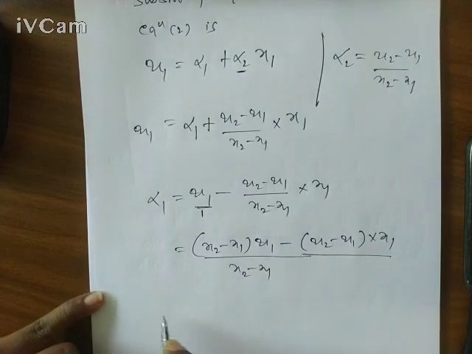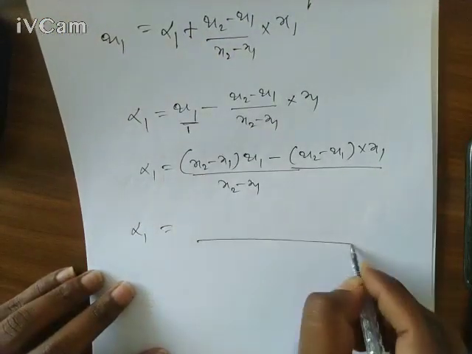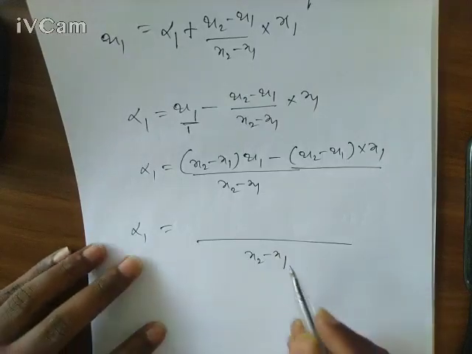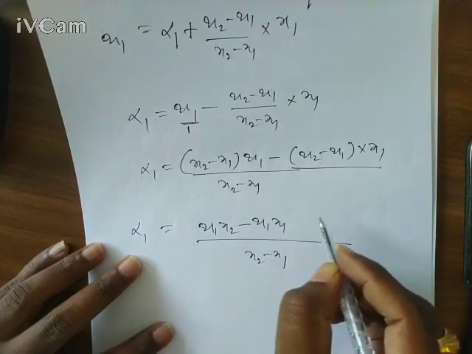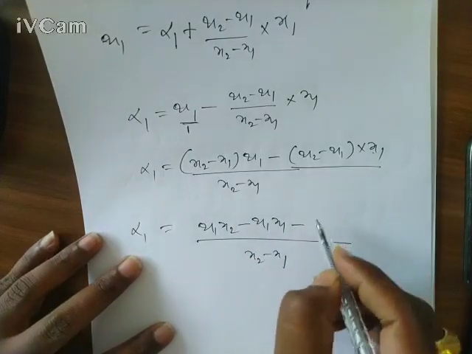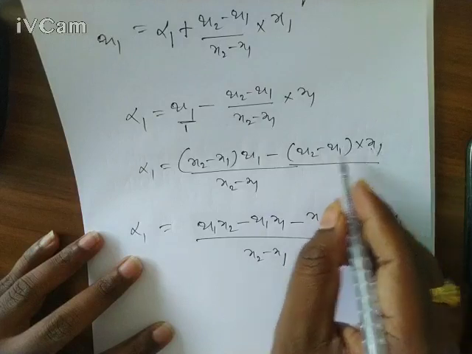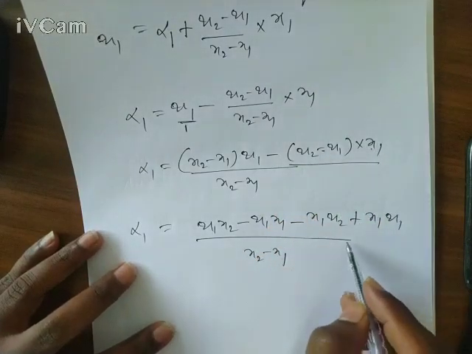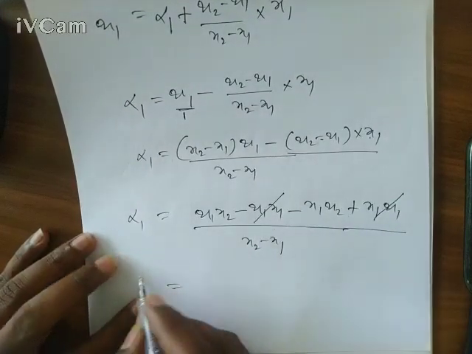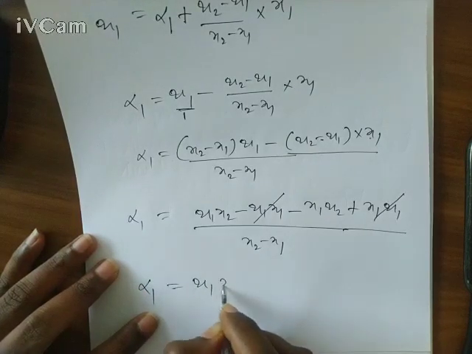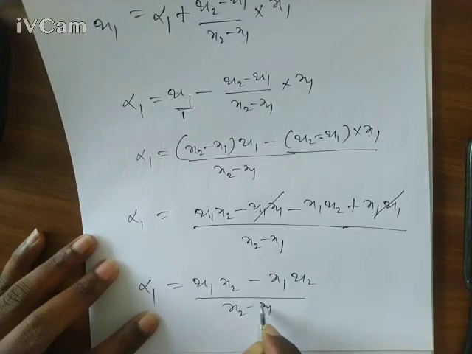Up next I am going to simplify this equation. u1 x2 minus u1 x1 minus of x1 u2 plus x1 u1. This term into this term and this term into this term, so minus into minus will become plus. Here x1 u1 and u1 x1, plus and minus are going to cancel. So alpha 1 will be u1 x2 minus x1 u2 divided by x2 minus x1.